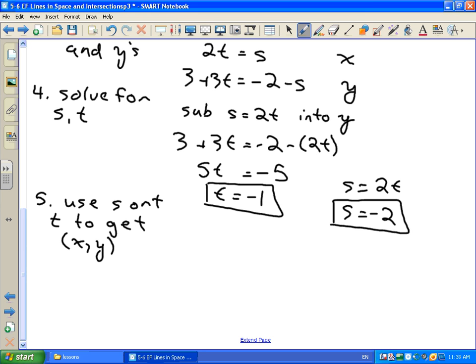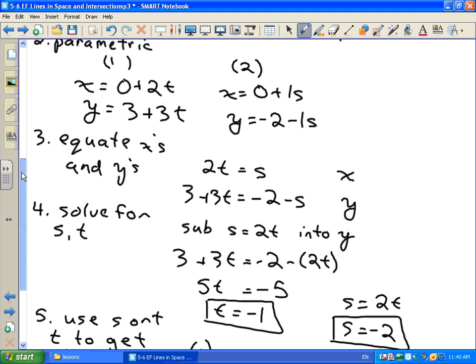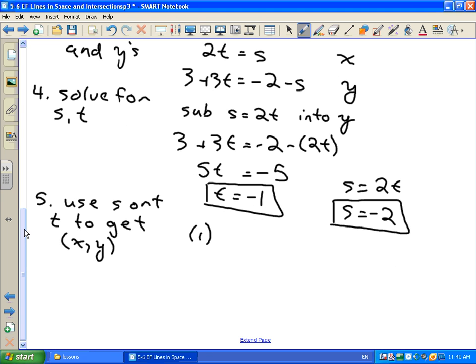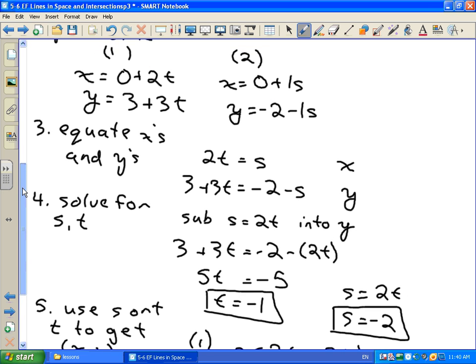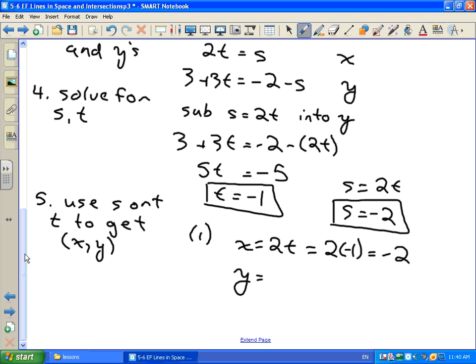So let's go back to equation 1, let's say. And our parametric equation for equation 1 was, scroll back up here, x equals 2t. That's going to be 2 times negative 1, or negative 2. Our y equation was 3 plus 3t.